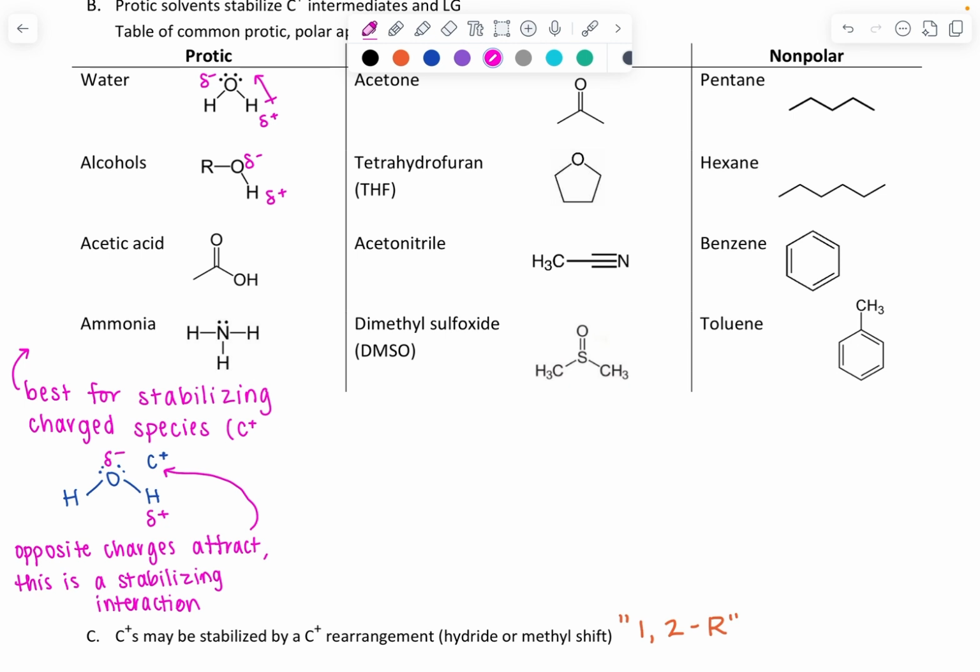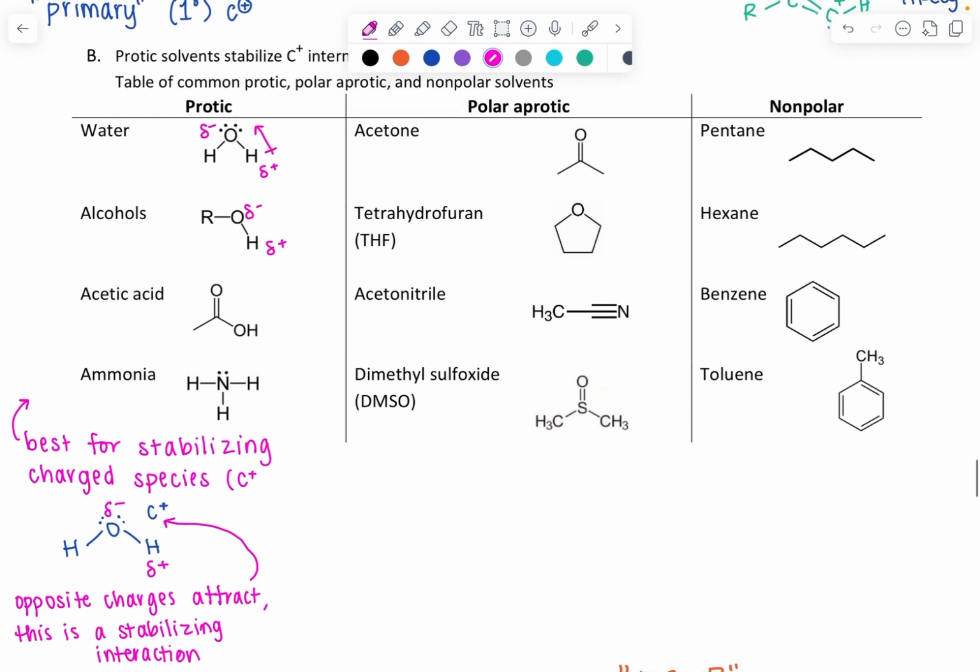So protic solvents will help facilitate carbocation generation.